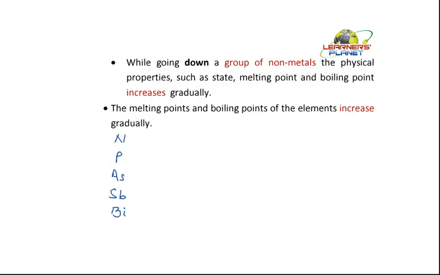Now in this case, students, what happens? There is a gradual transition from non-metal, then there is a metalloid, then there is a metal. Okay, so there is a gradual transition here.